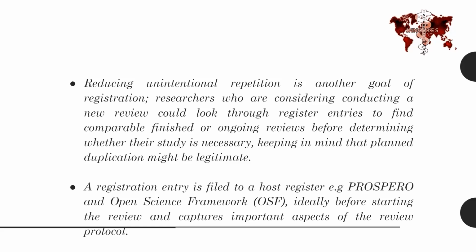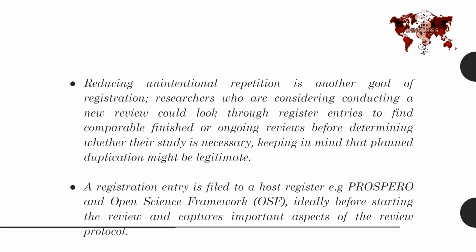A few of the hosts or registers whereby a registration entry can be filed are Prospero and Open Science Framework. Prospero currently registers systematic reviews that have health outcomes, although it also accepts systematic reviews of animal studies that have implications for human health, or methodology reviews that have a direct bearing on human health.